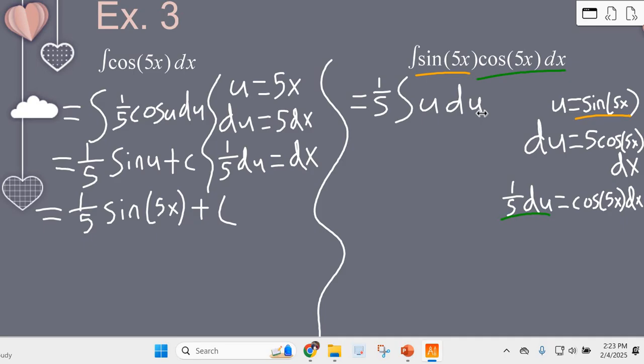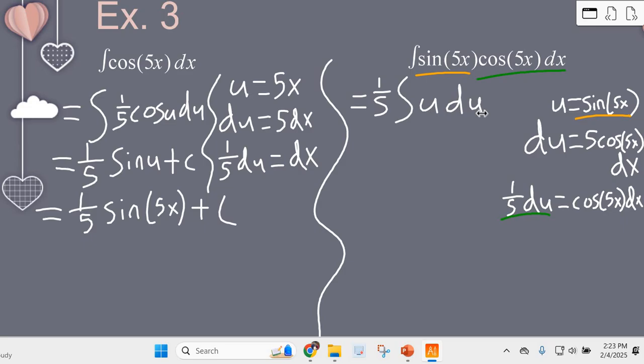So yeah, the 1/5 is a constant, so we can put it on the inside or the outside. It doesn't really matter. Usually I tend to do the 1/5 on the outside if I have u's, because I'm going to end up with fractions here as well, like things with power rules. Versus with trig functions, it's not as big of a deal because we don't use our power rule.